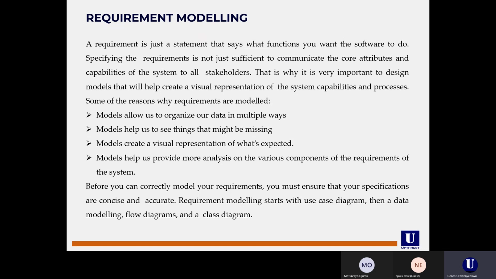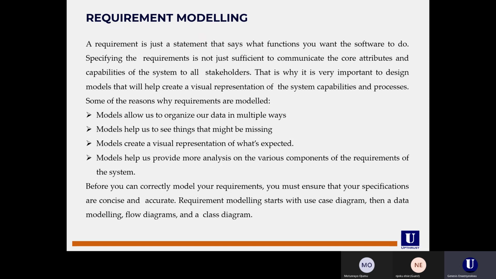Some of the reasons why we model requirements are because models allow us to organize our data in multiple ways. Models help us to see things that might be missing. Sometimes we feel that we have specified our requirement completely, and it happens a lot of times.